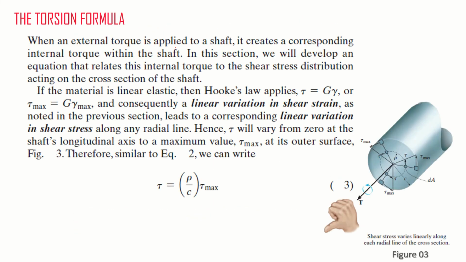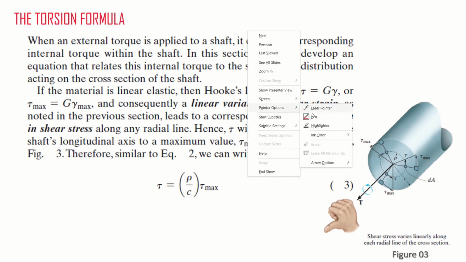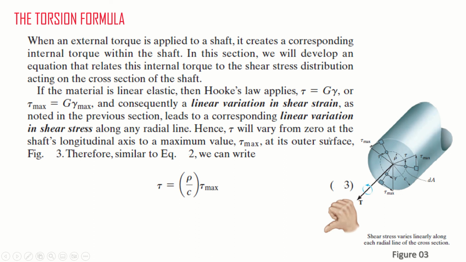Now, keeping in mind the concept which is again presented here, let me bring the pointer. When an external torque is applied to a shaft, it creates the corresponding internal torque.